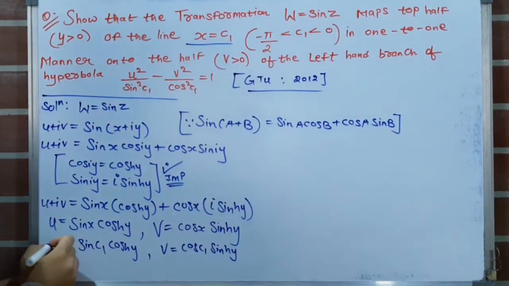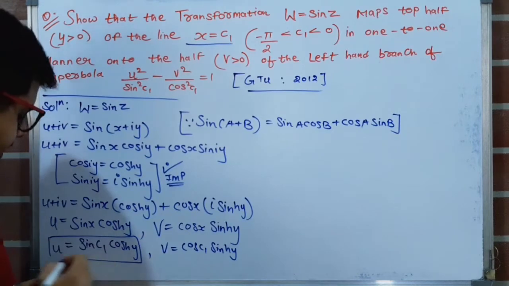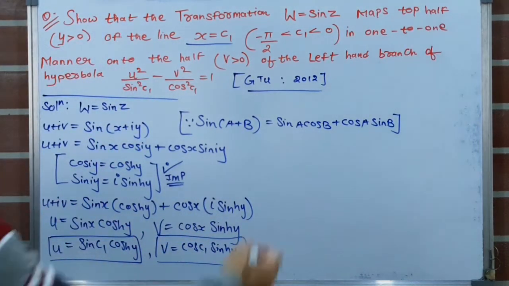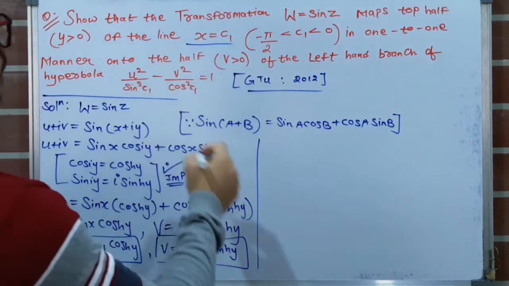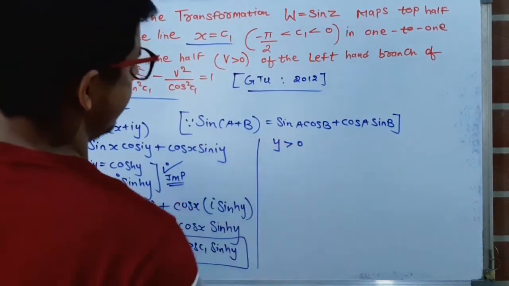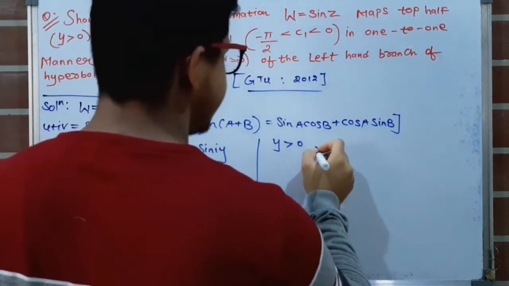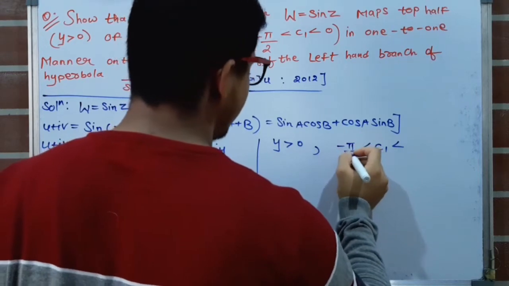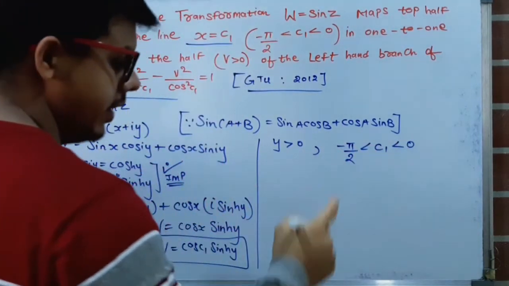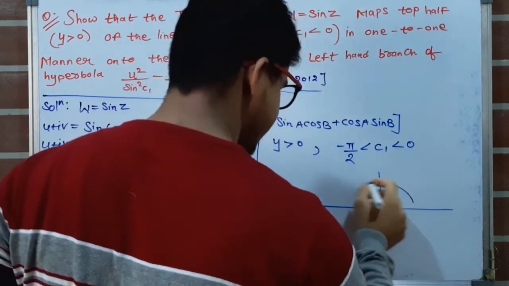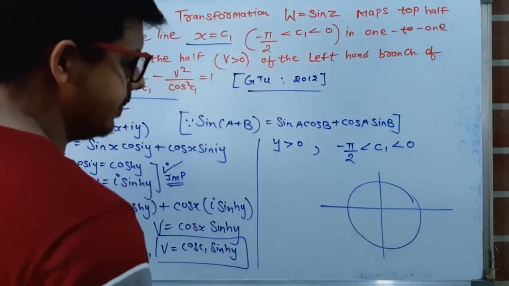So we have separated our real and imaginary parts. Now here it is given that y is greater than 0 and c1 is between minus pi by 2 and 0. Now the unit circle comes into the picture. This is the unit circle.